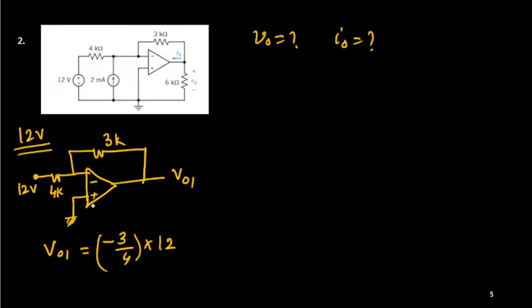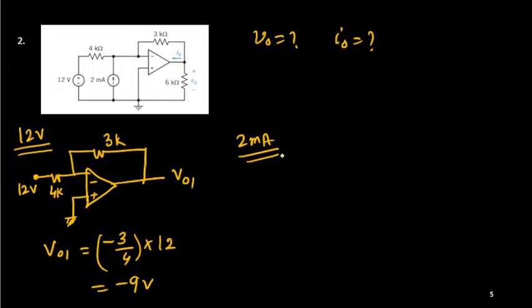So I think it is minus 9 volt. Is it okay? So now consider the second one. The 2 milliampere current source is acting alone. Yes, probably your answer is correct, minus 15 volt, good, too good.